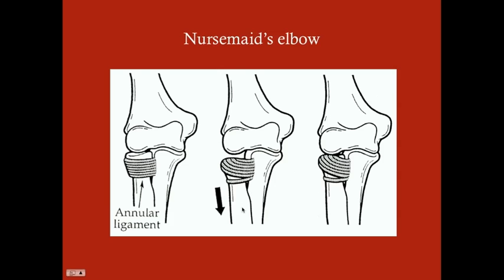So arrow would be towards this way, proximally, and you'll apply a force in that direction with hypersupination, and what you should feel is a little bit of a snap. And after that, maybe after a little bit of residual pain, the pain will be gone. And you'll be Superman or Superwoman because you'll have made this kid's day. So this can be a really wonderful thing as a physician to be able to treat because it's instant gratification.